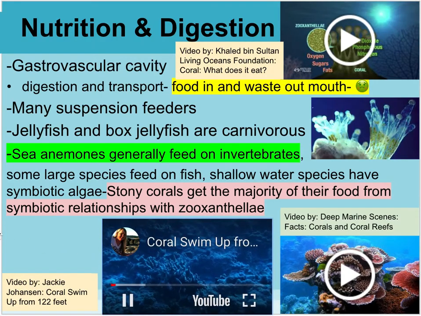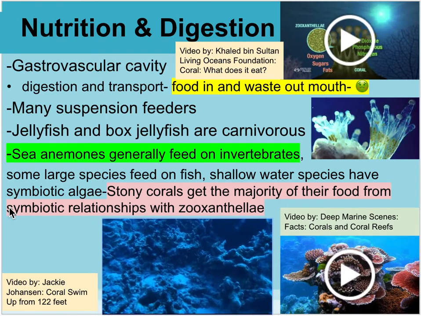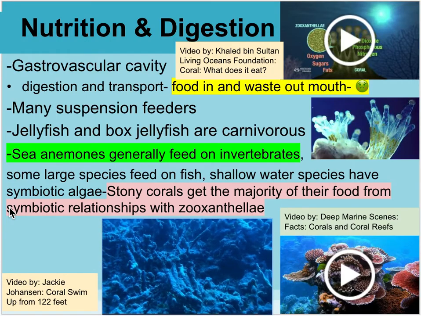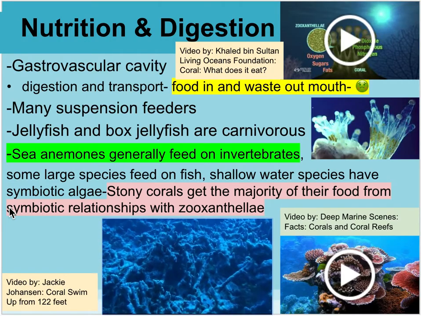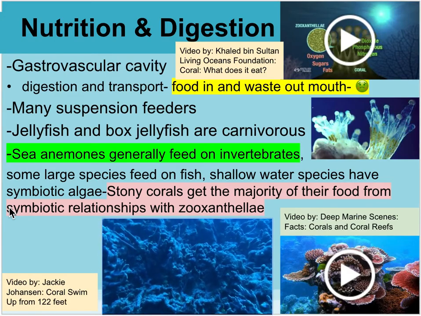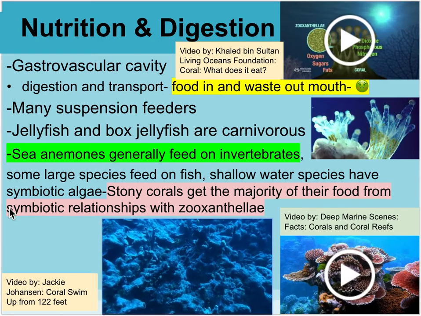I actually have a video here that you can check out where I'm doing a swim up in Hawaii of a space that has some good living coral, but it also has some very dead coral. You can see it in the video if you check it out later.